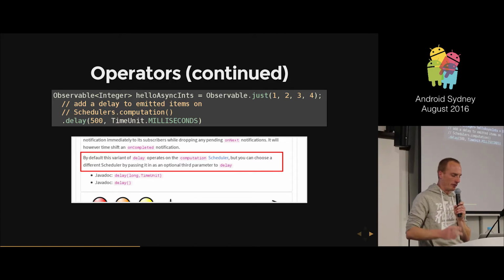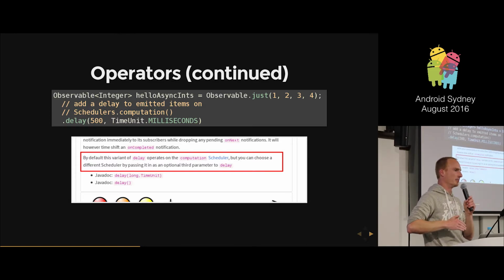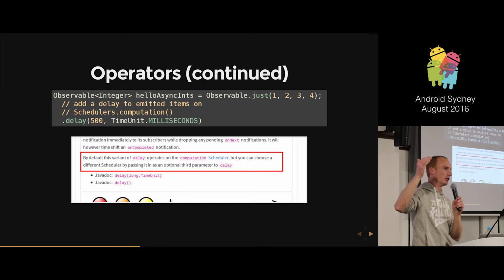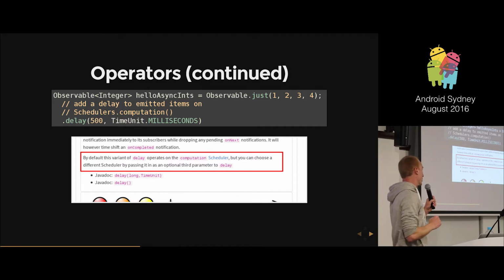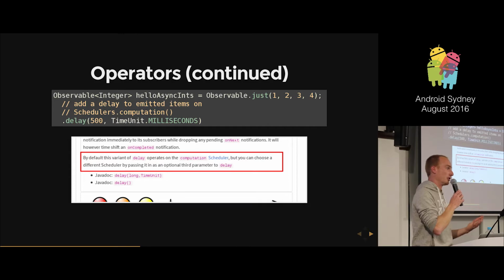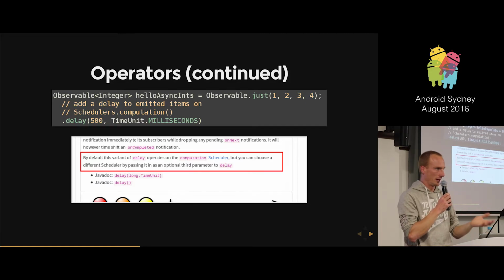This is good to be aware of because every operation after that operates on that same thread or scheduler as well. So in the RxJava documentation, there's always a little section at the bottom which explains if an operator operates on a particular scheduler or not. And often they have a version where you can explicitly pass in a scheduler if you want to change that scheduler.